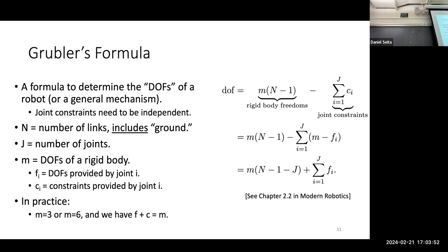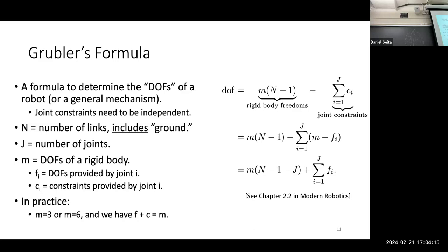So 3 if it's a planar thing, and 6 if it operates in the whole 3D world. The way that it works is you have M multiplied by the number of rigid bodies, the links, multiplied by the freedom.